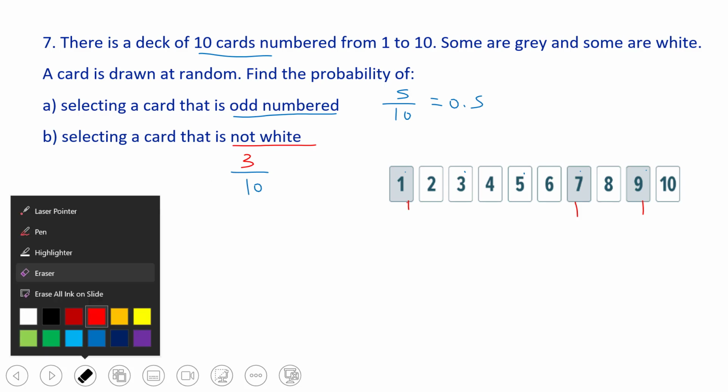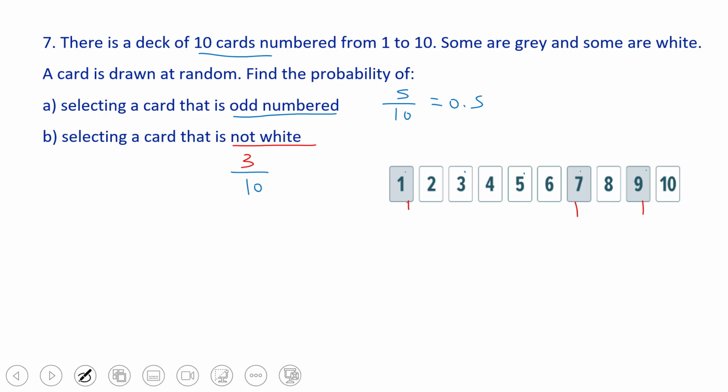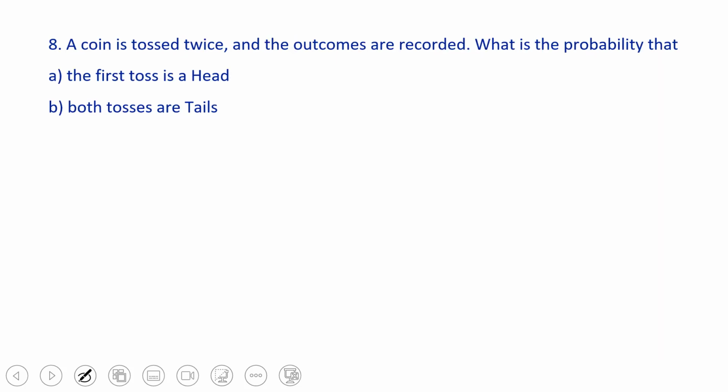You can do it like this, or you can do it the other way: not means 1 minus. 1 minus the white. How many white? 7 over 10, which gives the same answer, 3 over 10, which is 0.3. This is unlikely because it is less than half. Okay, so you can go either way.